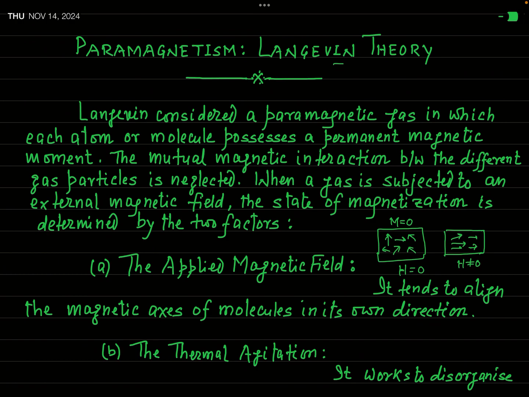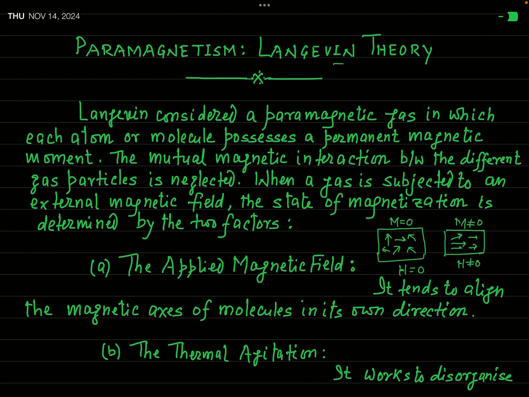When most of the atoms or molecules align along the magnetic field, then a net magnetization is developed. So then M is not equal to zero.